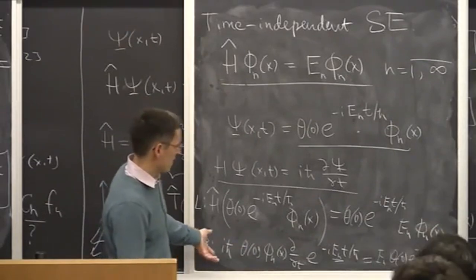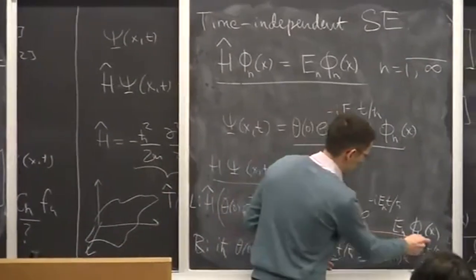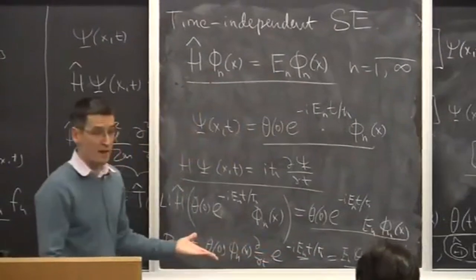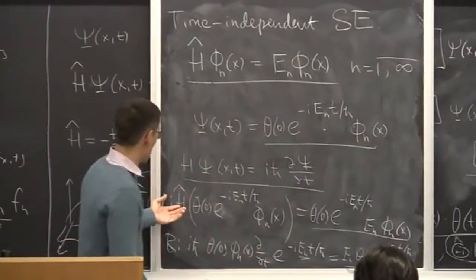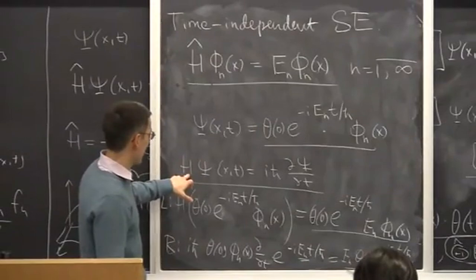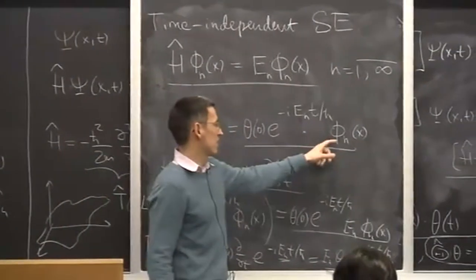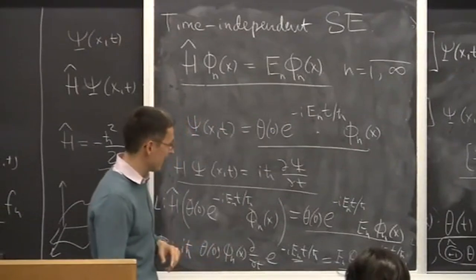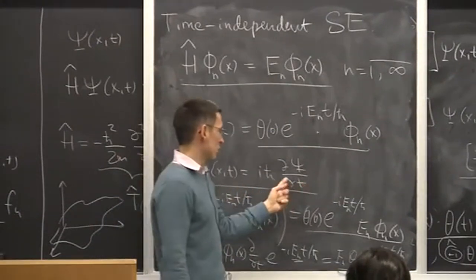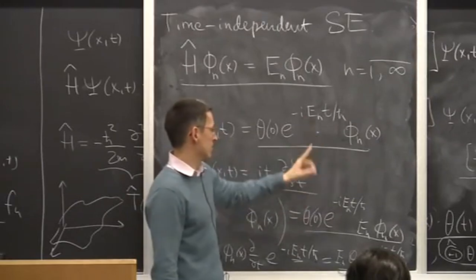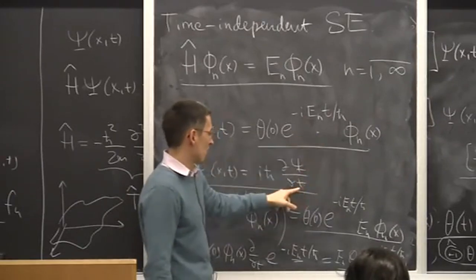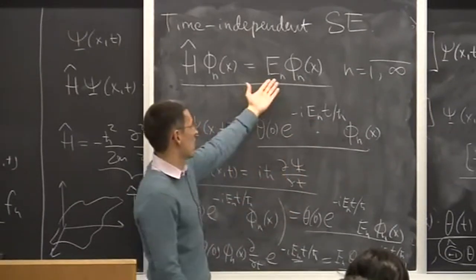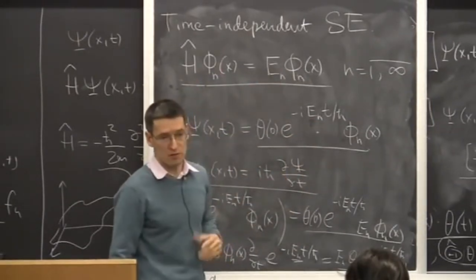And the main idea here, if you compare the right-hand side and the left-hand side, they're exactly the same. Why? Because by construction H, what it does to phi n, it multiplies the whole expression by En, and similarly, when you differentiate the exponent of the time function with respect to time, En comes out the same way it comes out when the Hamiltonian acts on the spatial part, right?